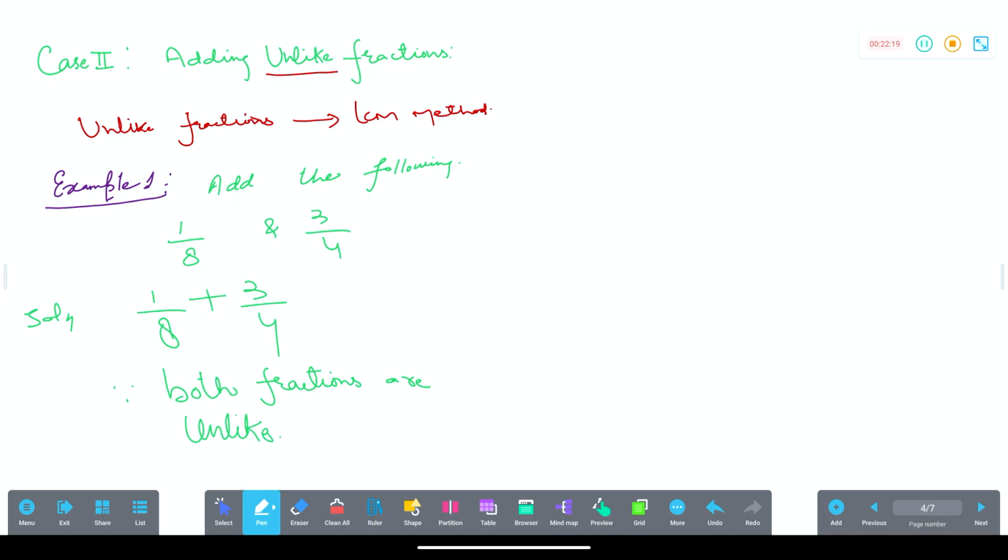Now how to add? For that you have to take the LCM of the denominators. The first thing I have to do is to make them like. We already know how to make unlike fractions like.